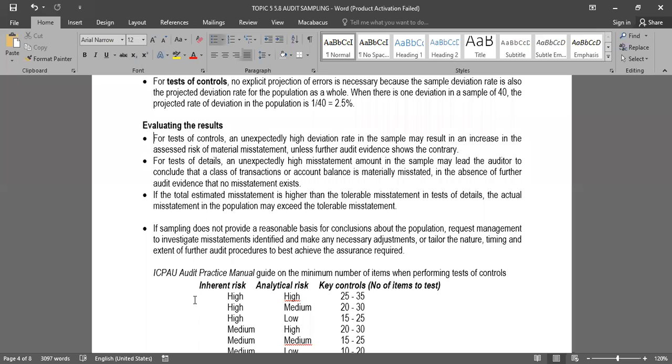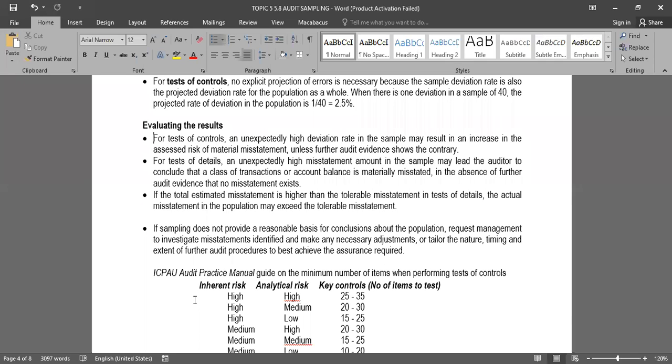Then for details or substantive tests, if there's an unexpectedly high misstatement amount in the sample, this may lead the auditor to conclude that the class of transactions or account balance, whatever you're auditing, is materially misstated, in the absence of further audit evidence that no misstatements exist.